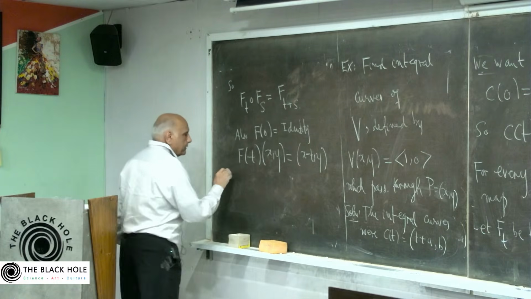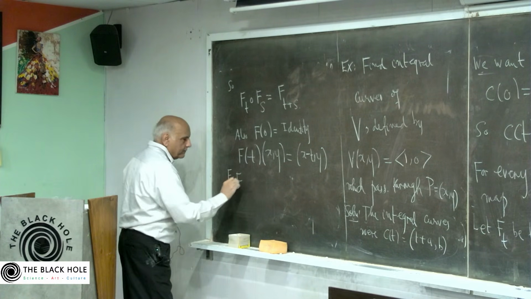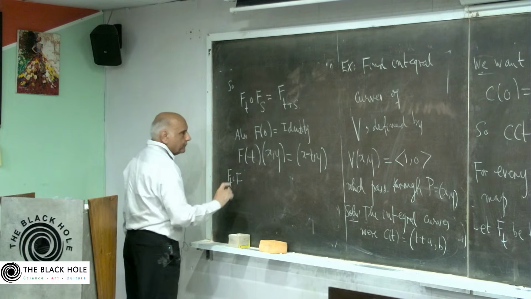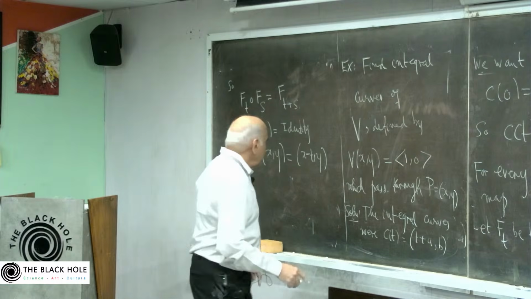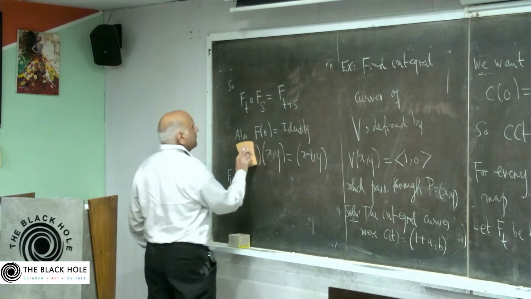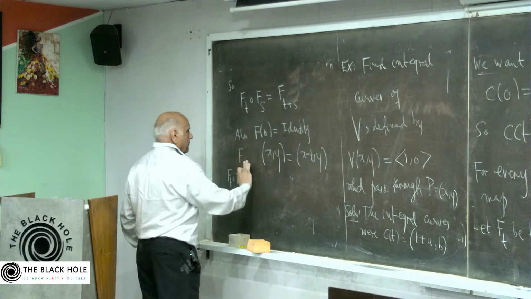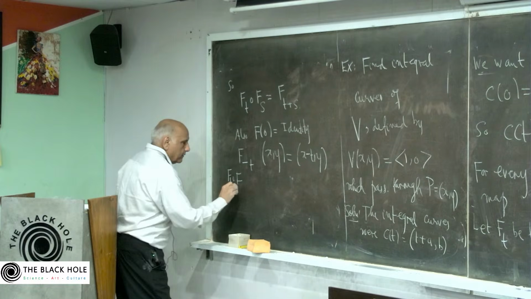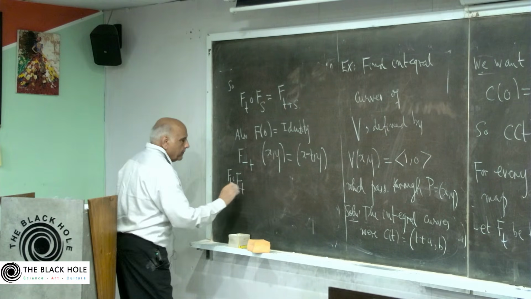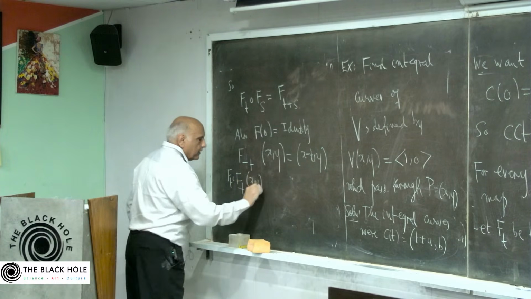So if I compose Ft with F minus t, it's obvious, huh? Ft of F minus t applied to xy is xy.